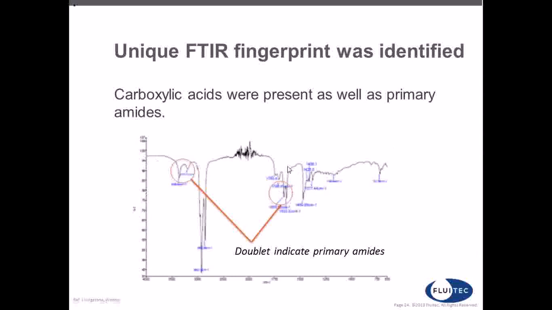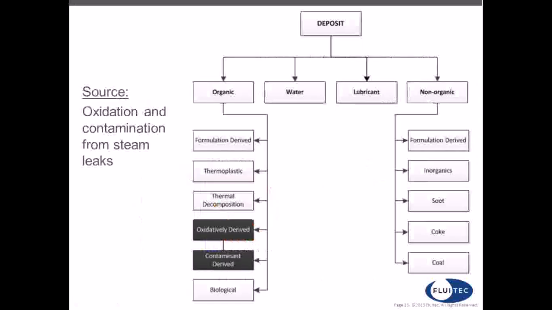So certainly there are some acidic components here that could cause this reaction. However, it wasn't initially clear how ammonia could possibly have gotten into the system. But if we want to classify this as oxidatively derived, we did find some evidence of carboxylic acids, and contaminant derived.